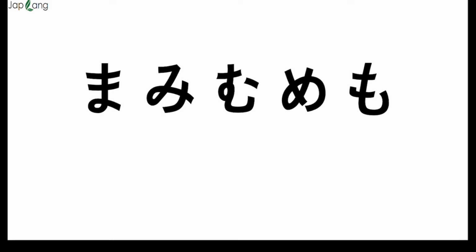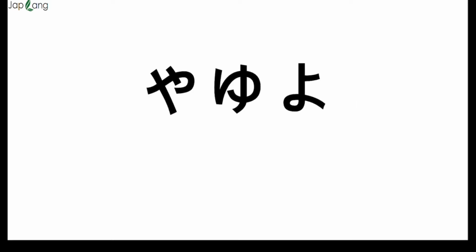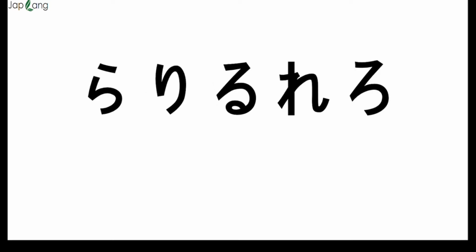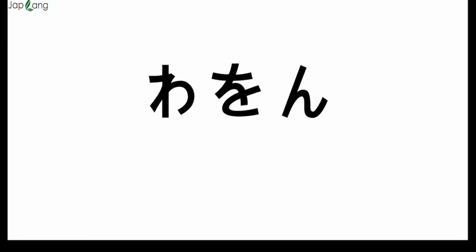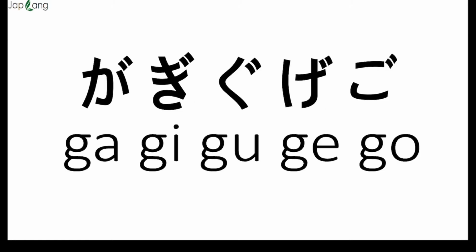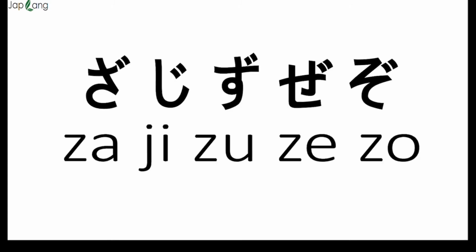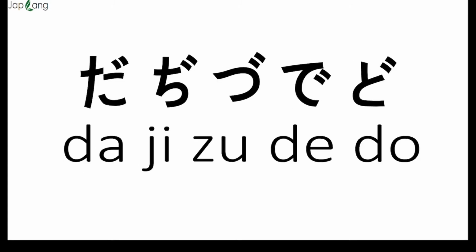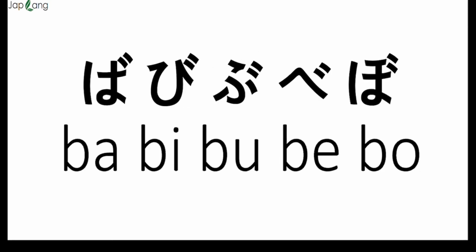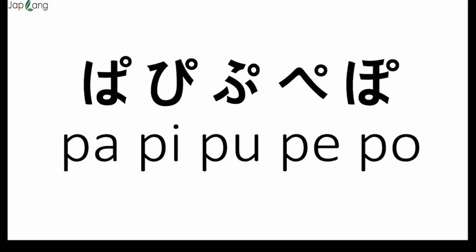And this is ma, mi, mu, me, mo, ya, yu, yo, ra, ri, ru, re, ro, wa, o. Alright, this is ga, gi, gu, ge, go, ja, ji, ju, je, jo, da, ji, ju, de, do, ba, bi, bu, be, bo, pa, pi, pu, pe, po.